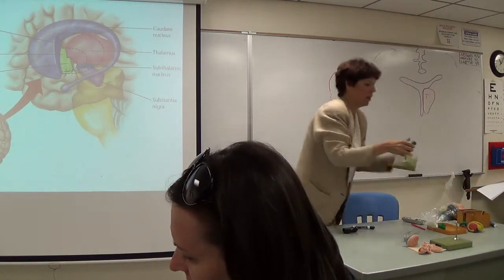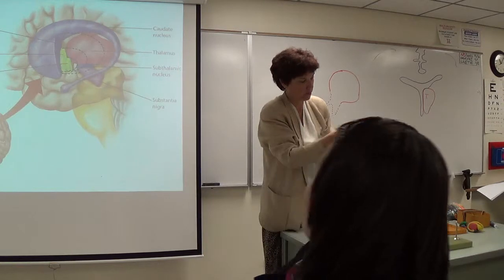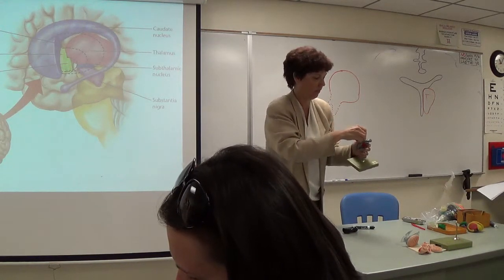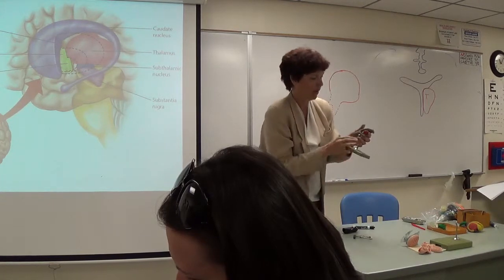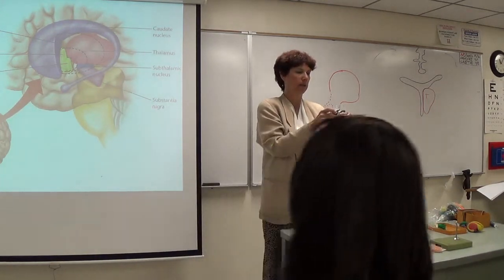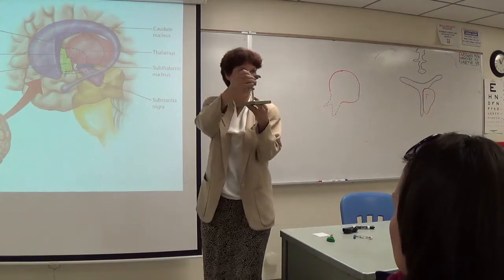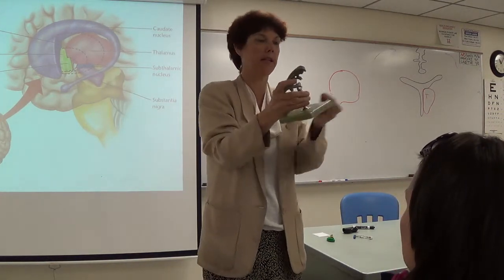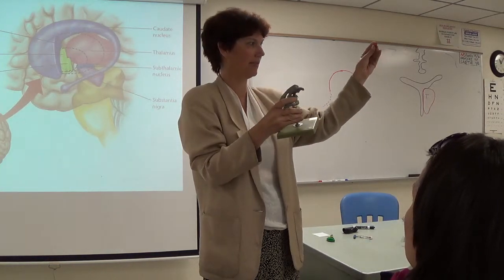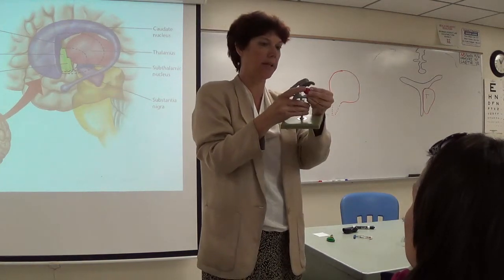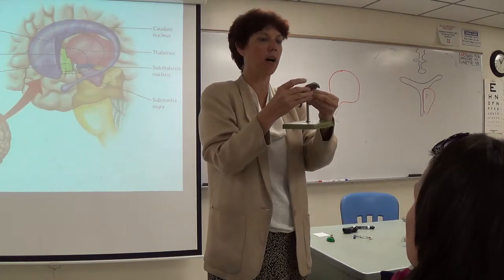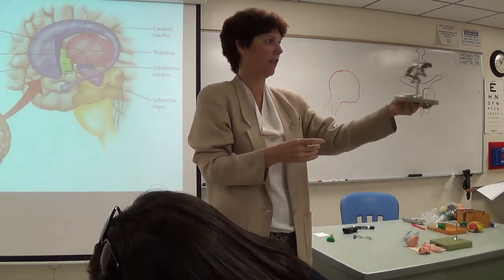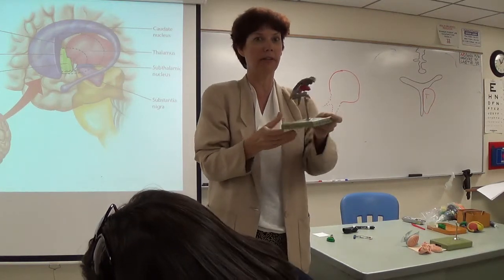So let me refer to this model that I was working on earlier today. So on our ventricle model, this middle piece right here was our third ventricle, right? Okay. So this is going to represent the thalamus. And the thalamus forms the lateral wall of the third ventricle. So I put that in there, forming the lateral wall of the third ventricle.